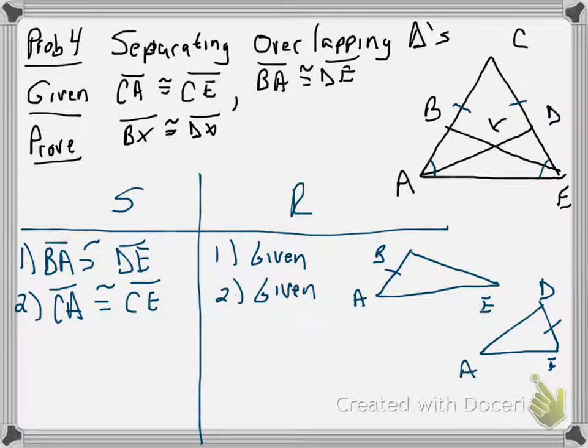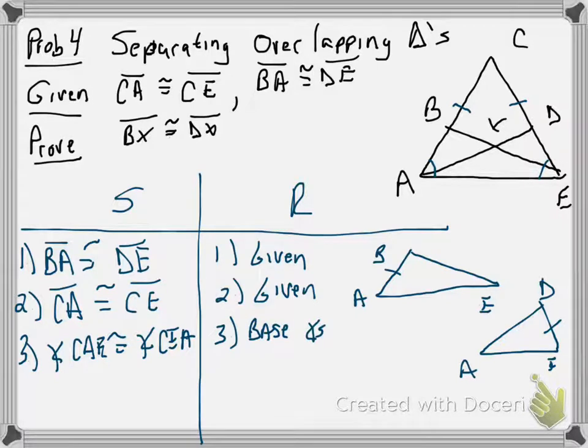Which is right there. So I could say 3, angle CAE is congruent to angle CEA because base angles of isosceles triangles are congruent.